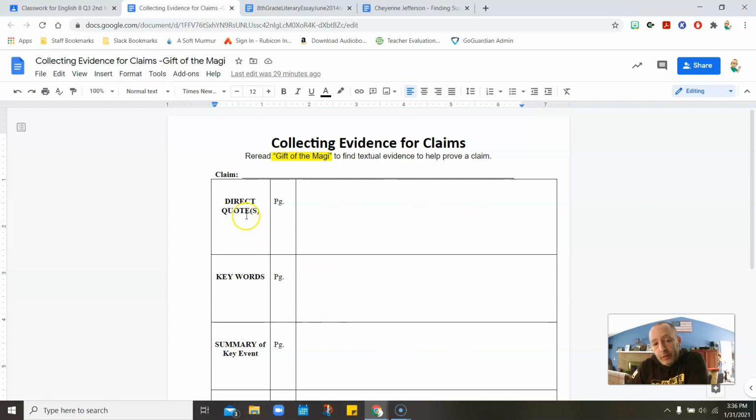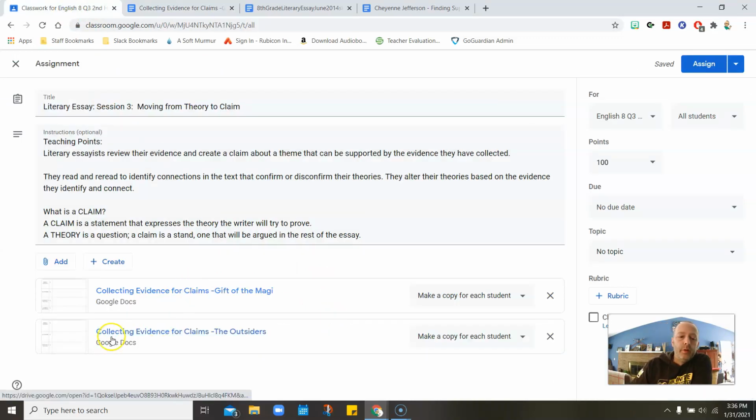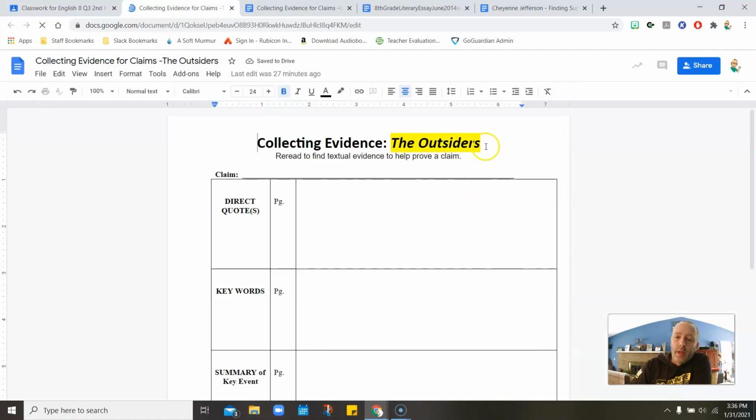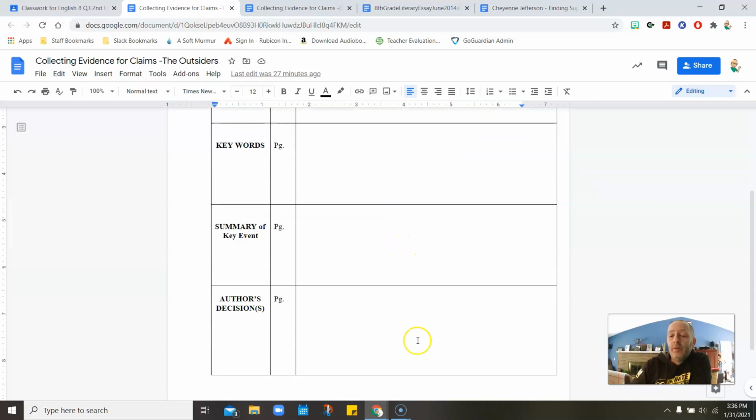And then we're going to take it a step further, and we're going to start doing that for The Outsiders. So it's the same page, only this one is for The Outsiders. So this is the claim that you're going to be using on your major essay. All right, so this is something that you need enough evidence for. This page right here is going to be the basis of your evidence that you're going to use in your story.